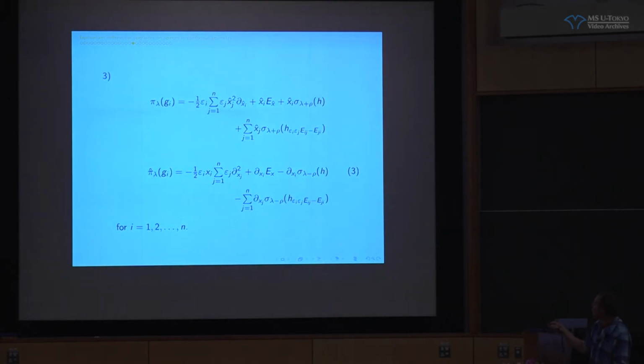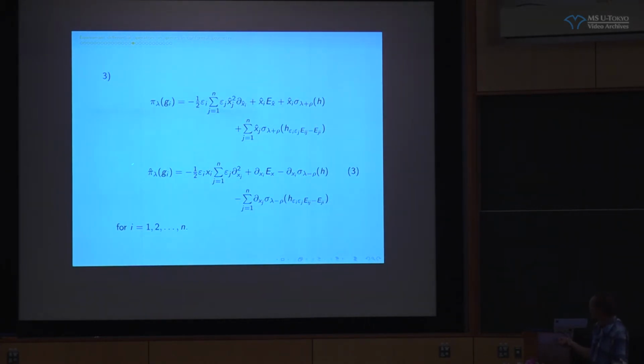In the representation pi lambda, they act by first order differential operators, and the coefficients are quadratic in the corresponding coordinate functions, while in the Fourier dual picture such elements act by second order differential operators, and the corresponding coefficients are linear in the Fourier dual variables x1 up to xn.